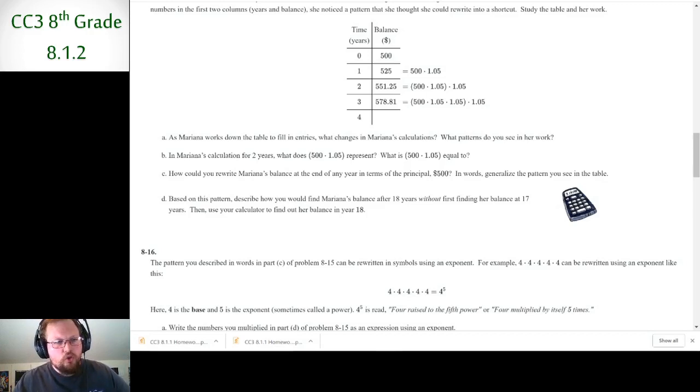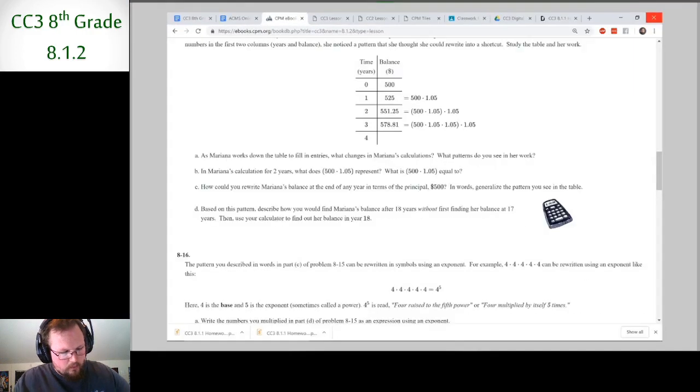So we're going to shortcut this using exponents. 1.05 times 1.05 is the same as 1.05 squared. Pretty easy. Three of them is 1.05 to the third.